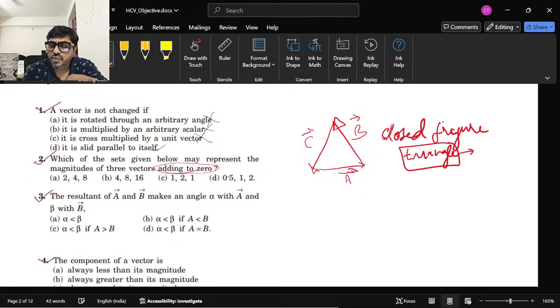Whenever you have a triangle, we have the triangle inequality. I hope you are aware of it. Not equality, inequality. Do you remember? Triangle inequality. Anybody?